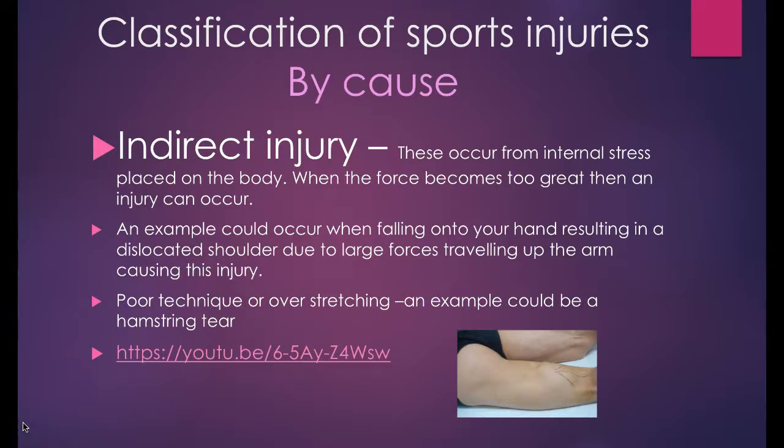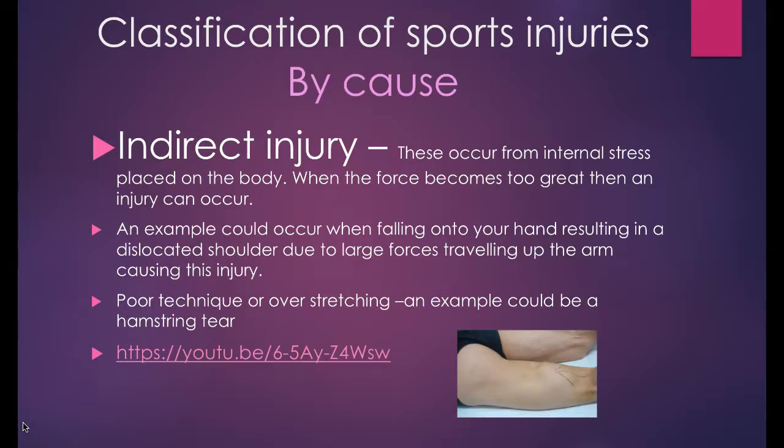An indirect injury is also another way we can classify sports injuries, and these occur from internal stresses that are placed on the body. So it's from a force from within, and when this force becomes too great, an injury may occur. Examples could include falling and placing your hand out, resulting in a dislocated shoulder because the force has travelled up the arm and caused this injury.